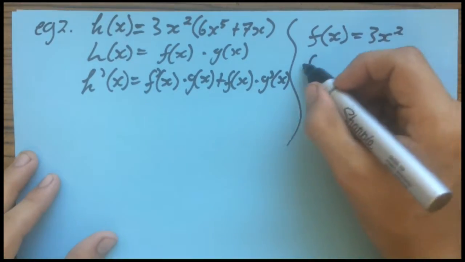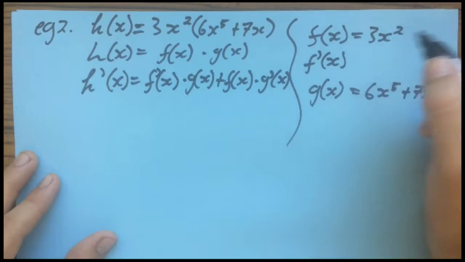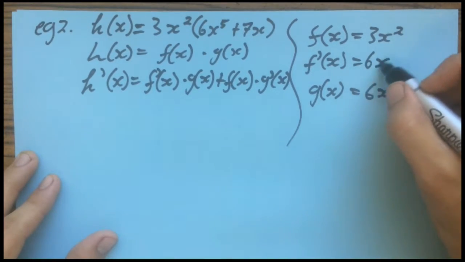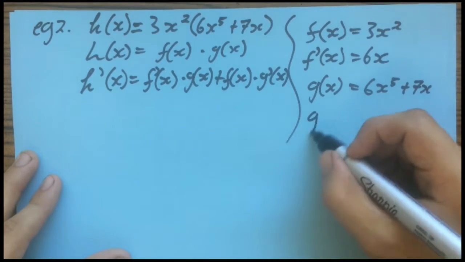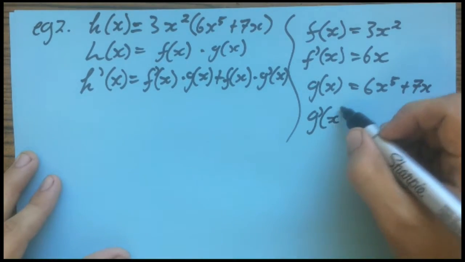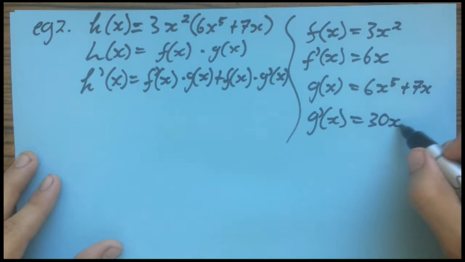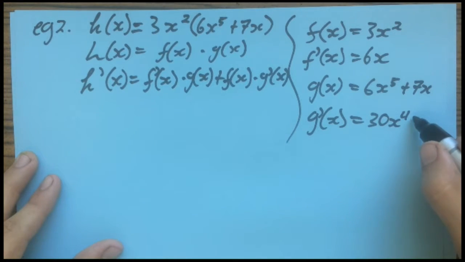So, to find f dash of x, or the derivative of f, we get 6x, and finding the derivative of g, or g dash of x, is 30x to the power of 4 plus 7.